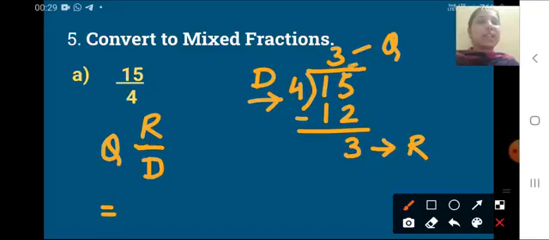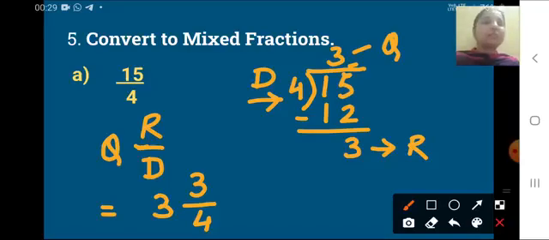Then remainder is also 3, that we will write, and divisor is 4. So what will be the mixed fraction for 15 upon 4? It will be 3 whole 3 upon 4. In short, you can just remember this: Q R upon D. Q stands for quotient, R stands for remainder, and D stands for divisor.